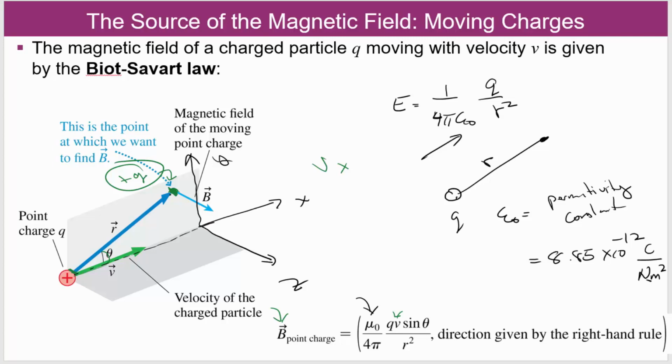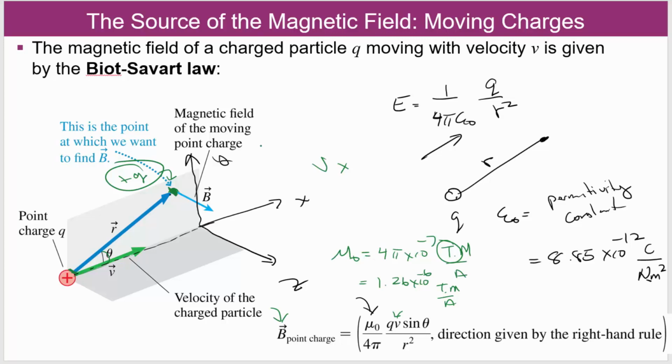Now in the Biot-Savart law, we have the permeability constant, the permeability of free space. This is mu sub 0, and that is approximately 4 pi times 10 to the minus 7 tesla meter per amp, or about 1.26 times 10 to the minus 6 tesla meter per amp, where tesla is the SI unit for magnetism.